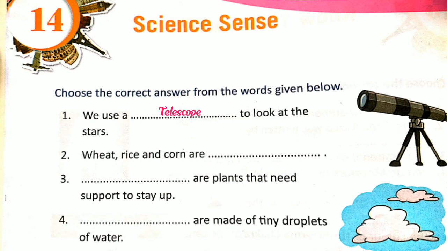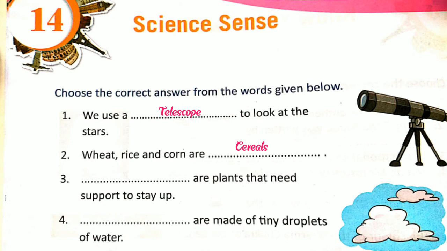Very good children. So now next, wheat, rice and corn are. So wheat, rice and corn are grains or cereals. Now next, number 3.